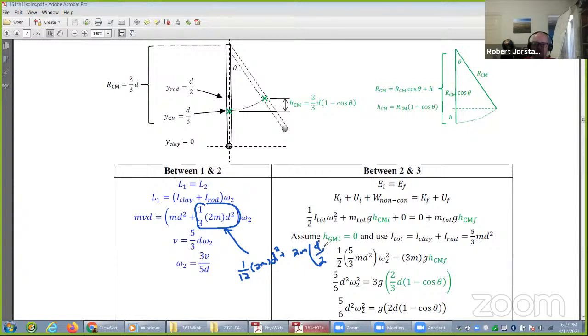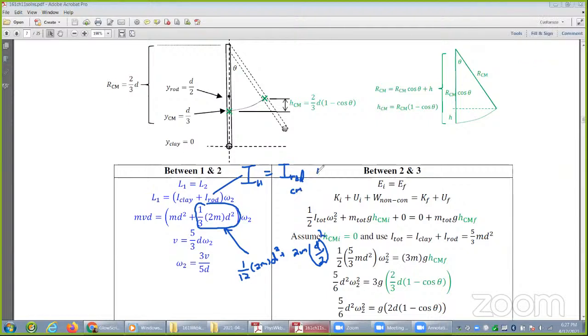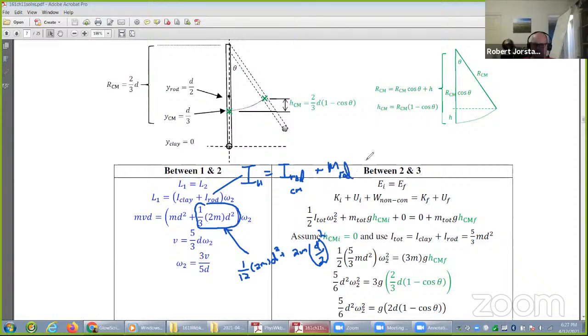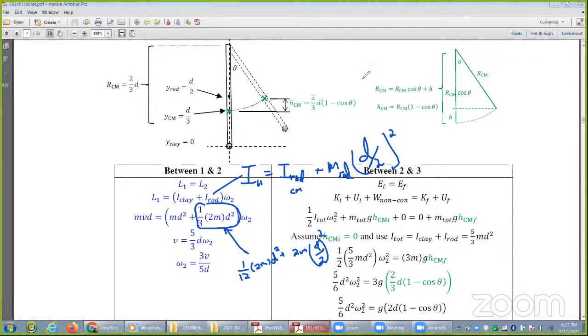So you could argue that I did use the parallel axis theorem by using the formula for the rod at its end. I used I parallel equals I rod center, which is the 1/12. Does that make sense, Gonzalo? Yeah, I appreciate the clarification. Let me just finish it so it's all on the screen. All right, so you're good to go on that one, right? Yeah, thank you again.